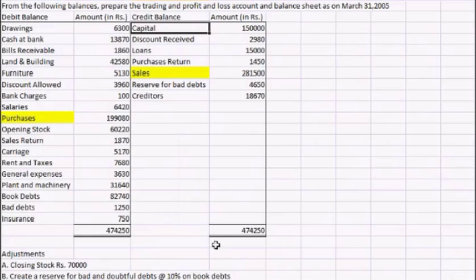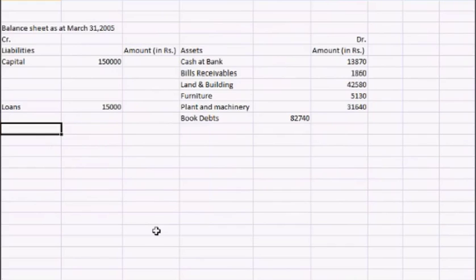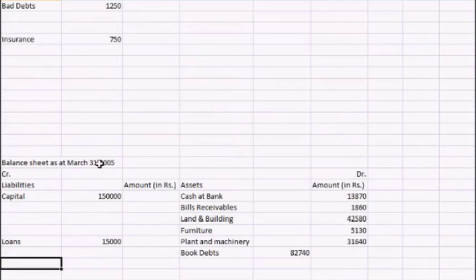Next we have is purchases return. We have already made the entry. Sales, we have already made the entry. Reserves for bad debts. Reserve for bad debts should be incorporated in your liability side, or you can also call that the deduction is required from your balance sheet, but we'll have some adjustments, so we'll not incorporate that.